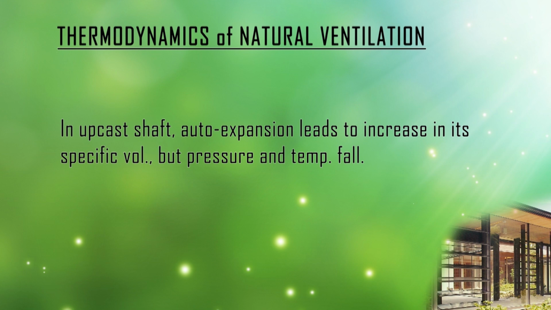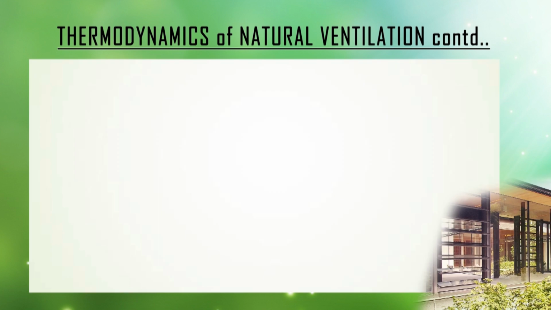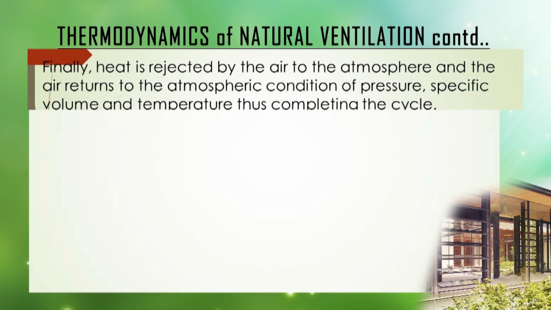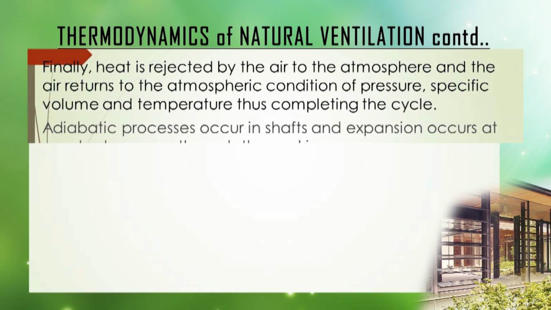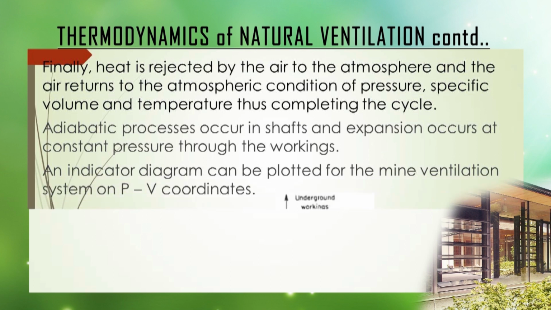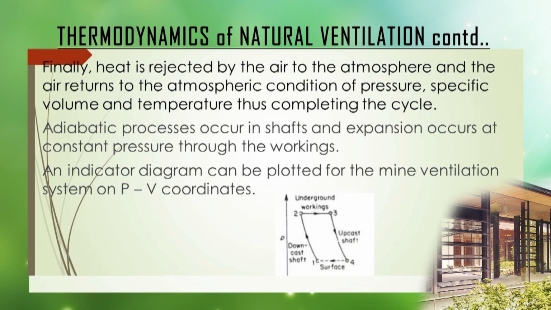Due to expansion the pressure and temperature get decreased. Finally, heat is rejected by the air to the atmosphere, and the air returns to its atmospheric condition, its initial condition of pressure, specific volume and temperature, thus completing the cycle.